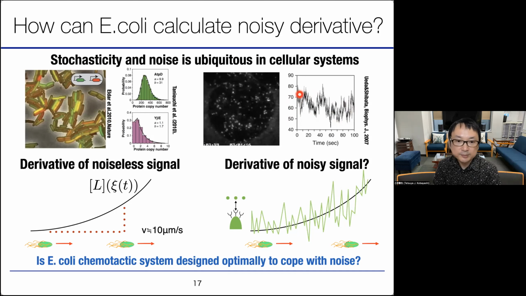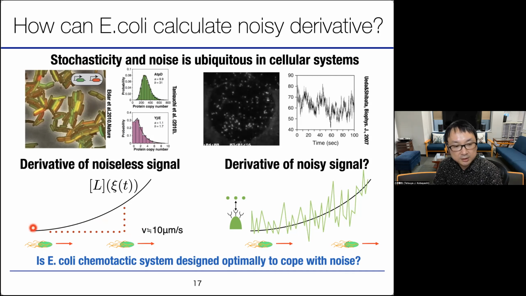This is the number of ligands bound to the receptor as a time series. It's quite noisy. As I said, E. coli has to judge whether it is going up the gradient or down the gradient in order to modulate its swimming behavior.